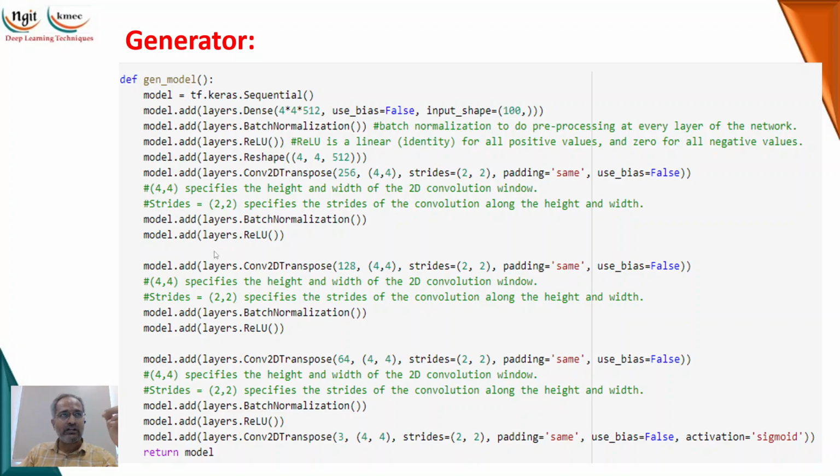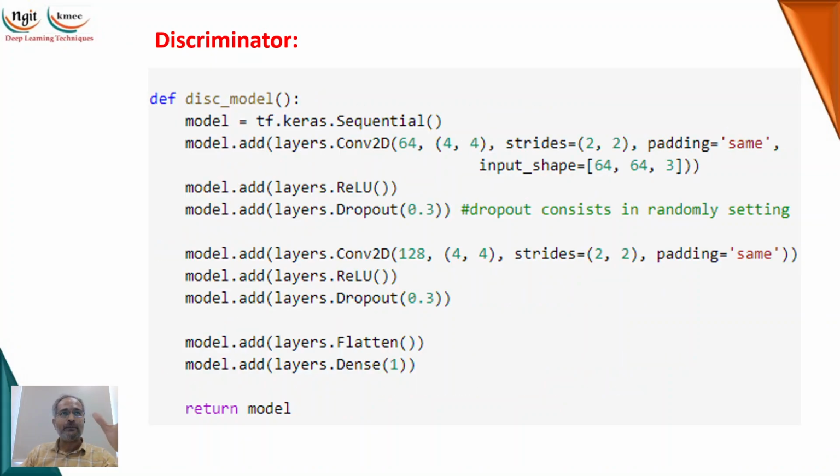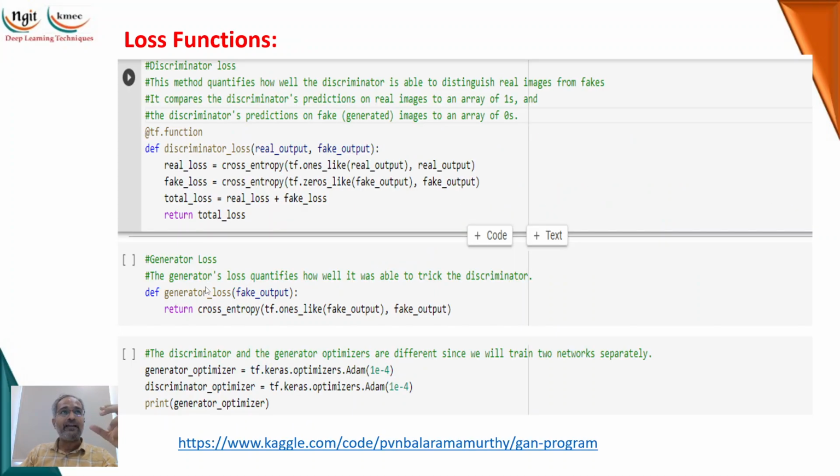This is the generator model. If you observe, everything is convolutional layers only, a convolutional neural network, and the discriminator has a similar structure. By combining them there is a little difference, meaning we have to define the loss functions: discriminator loss and generator loss.